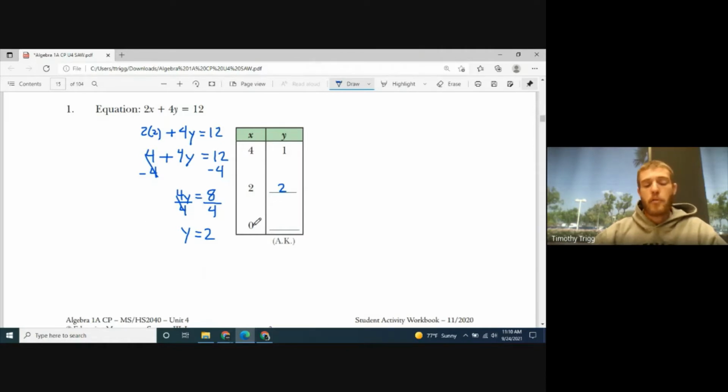Now what about if we replace x with 0? So I'll do that one over here. I'm going to use that same equation, except I'm going to replace the x with 0. So it becomes 2 times 0 plus 4 times y equals 12. 2 times 0 is 0. So 0 plus 4y equals 12.